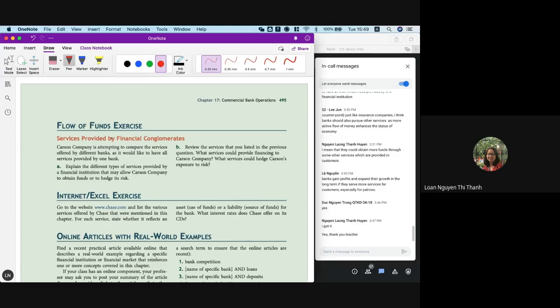So the key word here is financial conglomerate. In lecture number 1, you have the diagram, the structure of the financial conglomerates. So we have the banks, and with the banks we have the security company, the finance company, and the mutual fund.